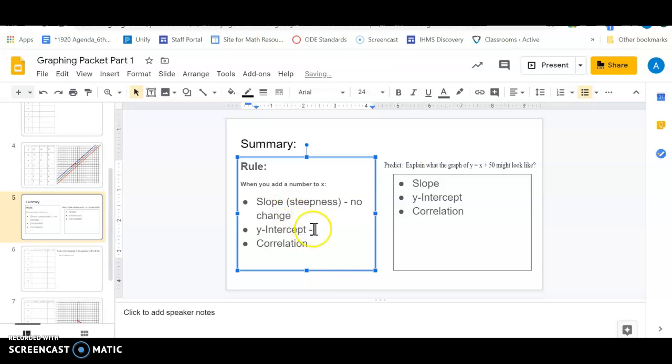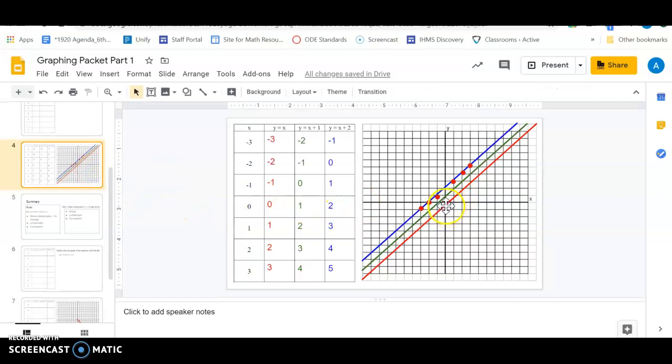Next, I need to talk about the y-intercept. And the y-intercept is where the line crosses the y-axis. So let's go back and look. What happened to the y-intercept when I changed this equation by adding? Well, when I added 1 to x, what was my y-intercept? It was +1.